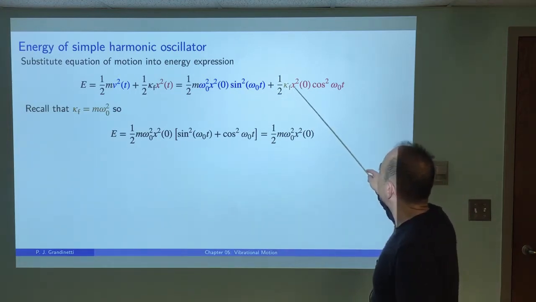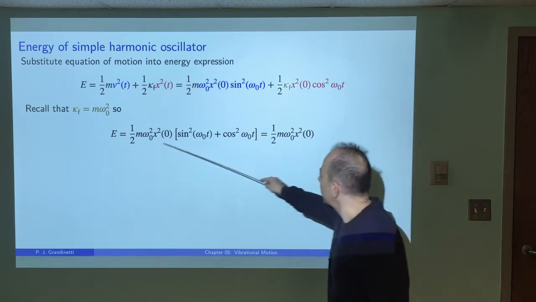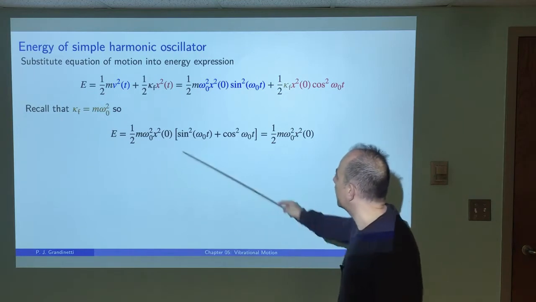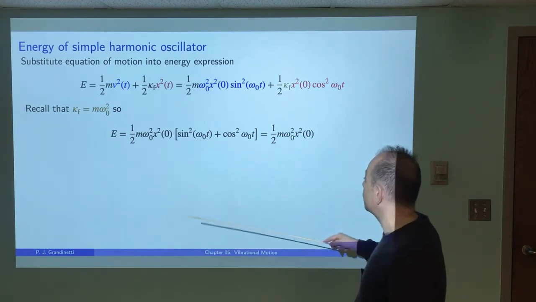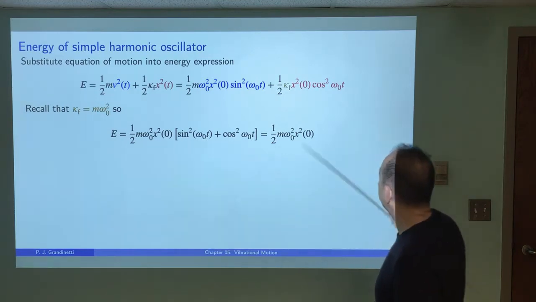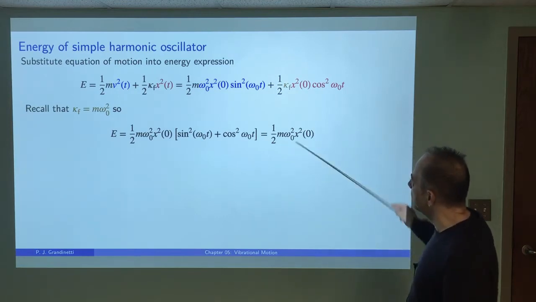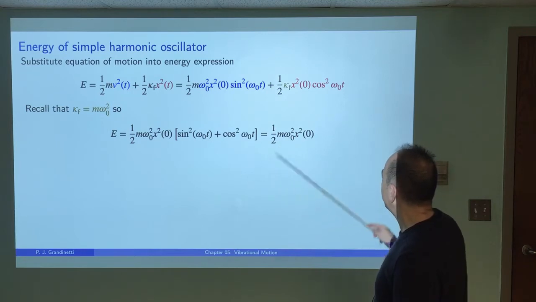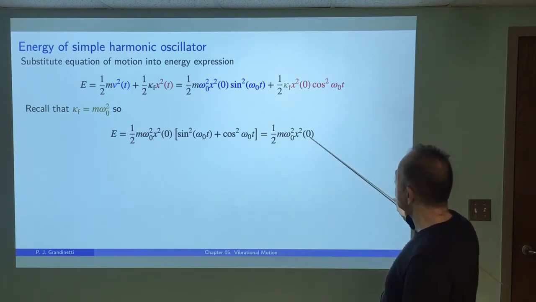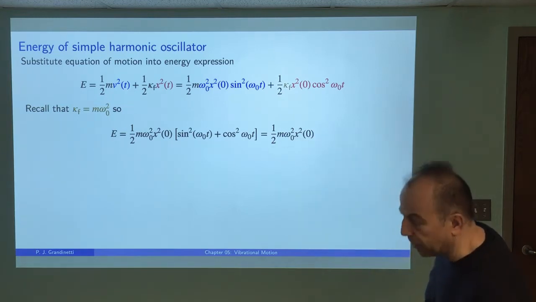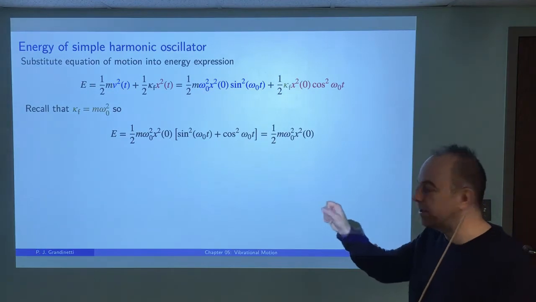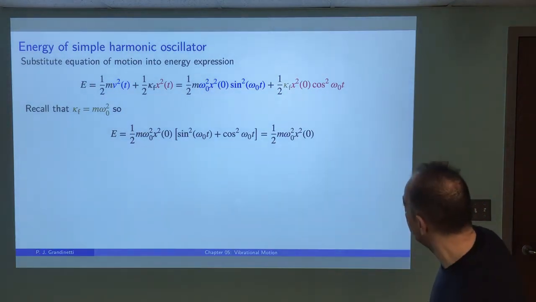So if I plug that in, then this expression becomes this expression here. I can pull out this common term, and now, from a simple trig identity, this becomes 1, and so the total energy is equal to this expression, where it's simply related to the mass, the frequency squared, and the initial position squared. So that initial position really defines how much total energy you put into this harmonic oscillator.